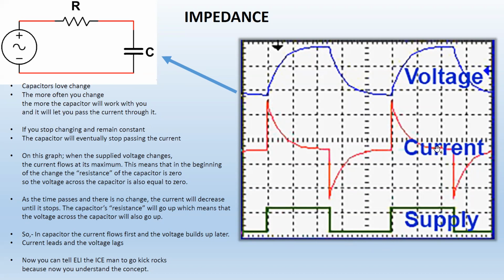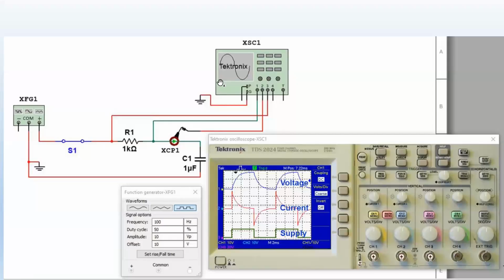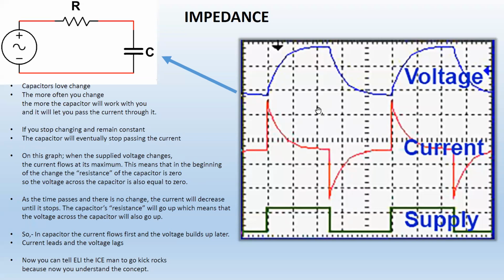Over here, we have the current going through the capacitor. And over here, we have the voltage across the capacitor. Let's say it's at the capacitor for the sake of argument.